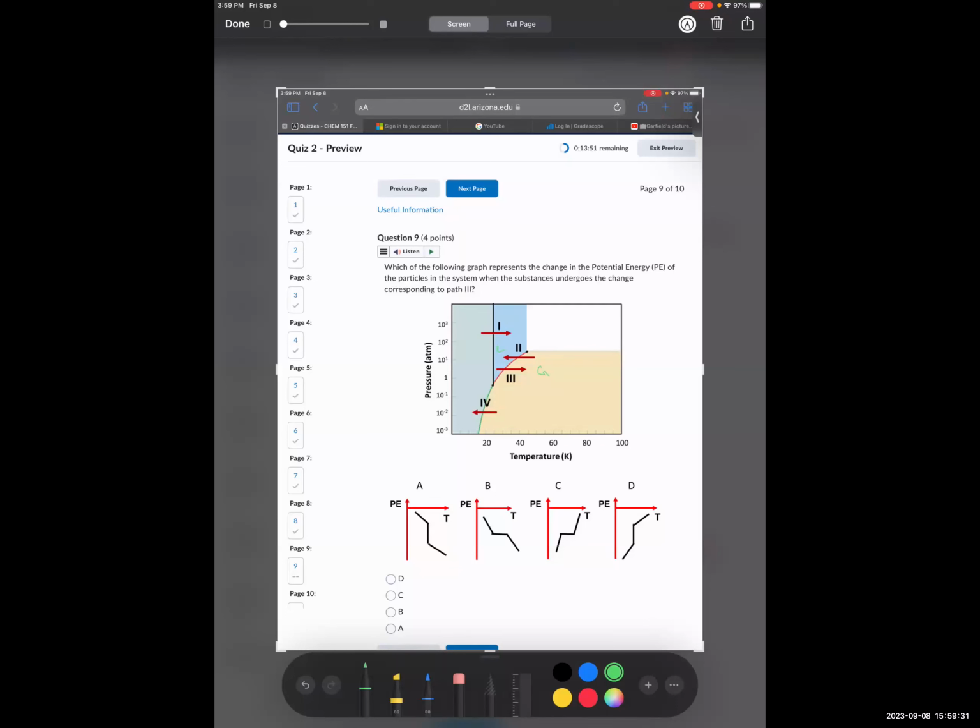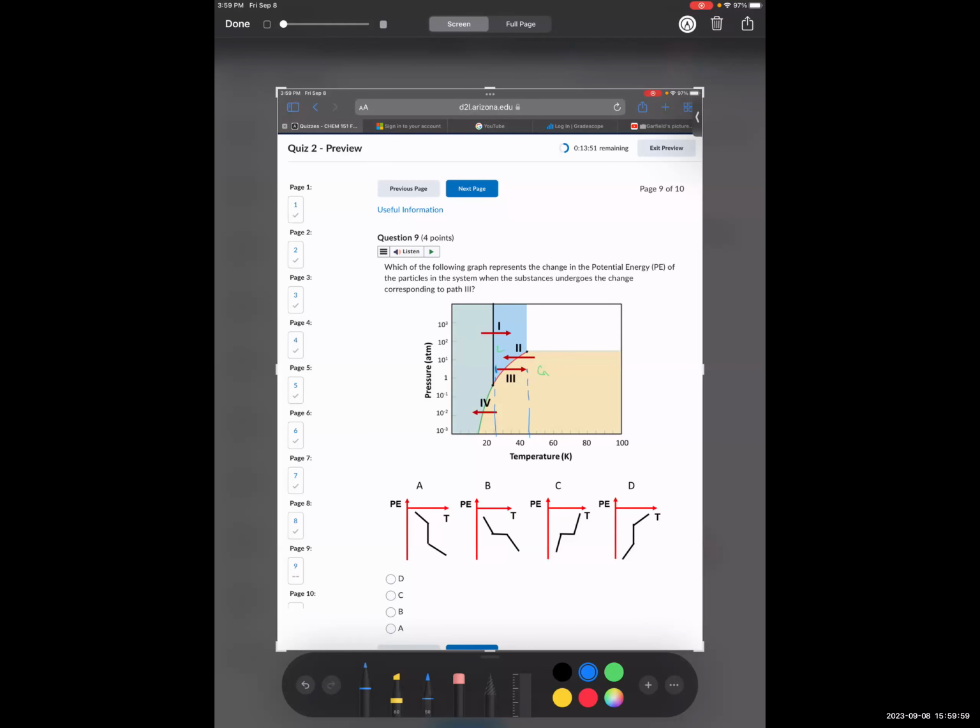They always start, they're always negative. We're going to start at this temperature over here, which is lower, and this temperature is higher. To read this diagram, we need to start at a lower potential energy because we're starting at a liquid.